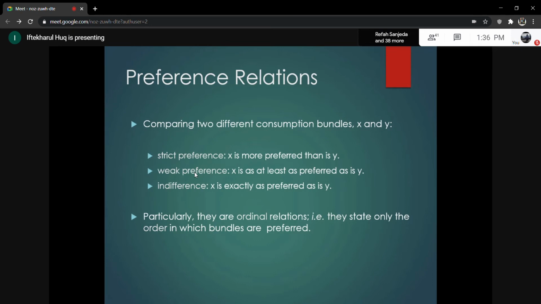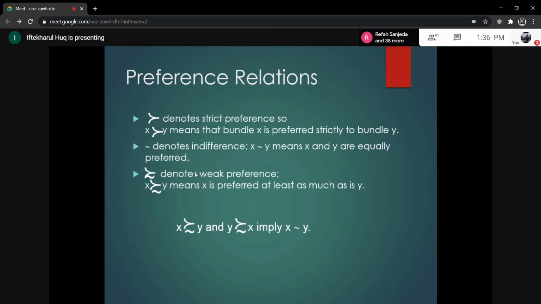If I just show you the signs, it will be easier for you to understand. The first thing is this denotes strict preference. Whenever we talk about strict preference, we give this sign. It's a greater than sign, but a curly greater than sign, which represents preference. When you write greater than, you write 3 is greater than 2, so you're talking about two numbers.